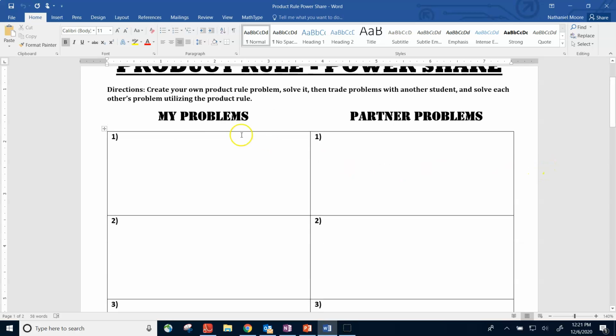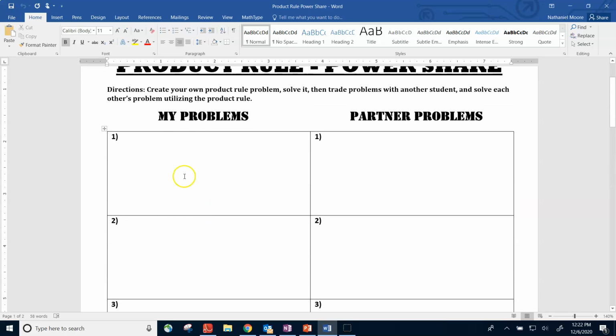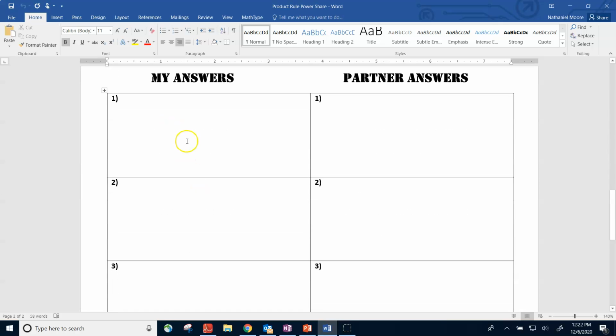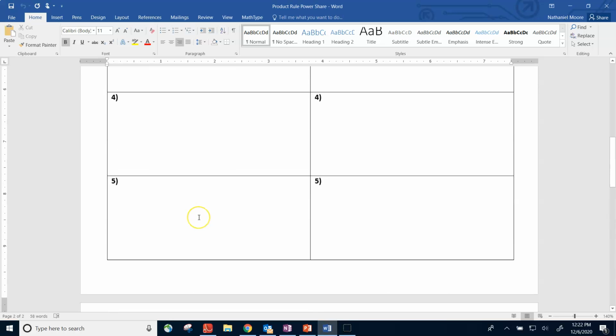You are going to create 5 problems that you think might be fun and that you want to give to other people. You can make some easier, you can make some harder. Just remember that other people are going to have to solve these, including yourself, because once you make your 5 problems, you're going to work them out utilizing the product rule on the back here. So you should have an answer to all 5 of your problems.